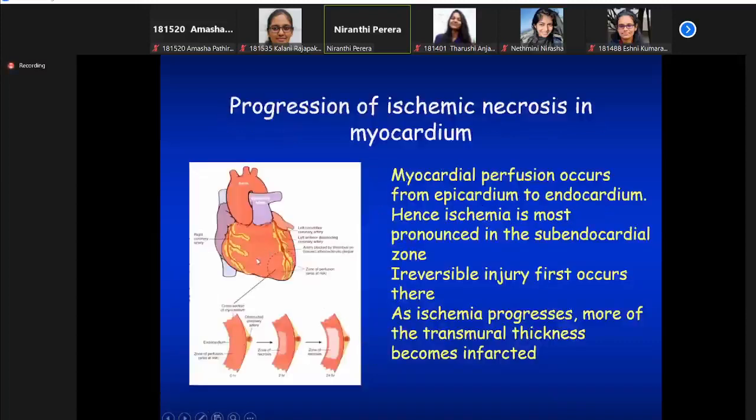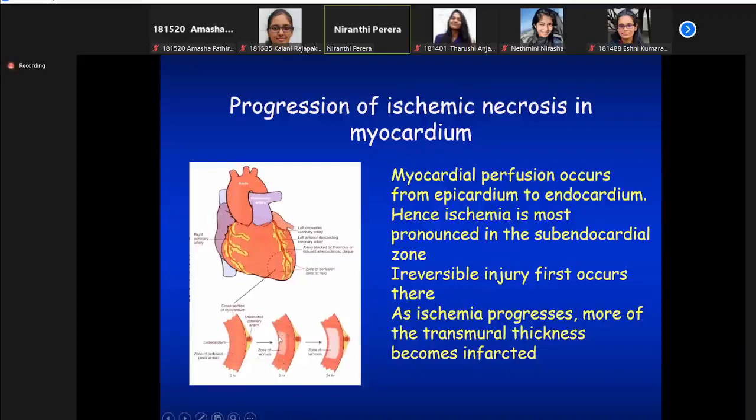So here is the zone of perfusion. Here's your epicardial artery. Here's your endocardium if you take a cross section. And you can get a zone of necrosis. So here it's normal, then you get this, and then it might extend. Myocardial perfusion occurs from epicardium to endocardium, right? Therefore, the subendocardial area is the most vulnerable zone to ischemia.